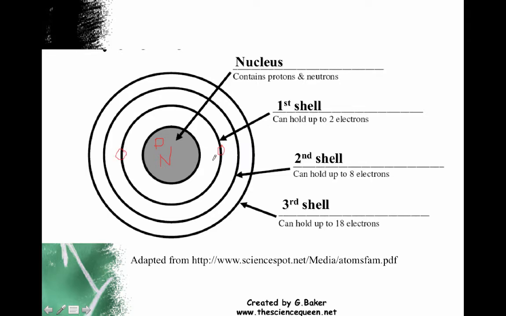You wouldn't have like 2 electrons right here. They are always pretty opposite. Our next one's going to have 8. And our final shell can hold 18 electrons. I'm not going to draw all 18 circles in that shell.